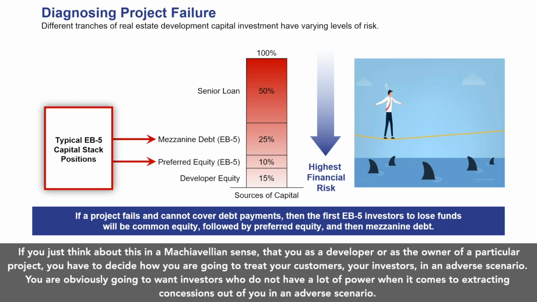If you just think about this in a Machiavellian sense, that you as a developer or as the owner of a particular project, you have to decide how you are going to treat your customers, your investors in an adverse scenario. You are obviously going to want investors who do not have a lot of power when it comes to extracting concessions out of you in an adverse scenario.